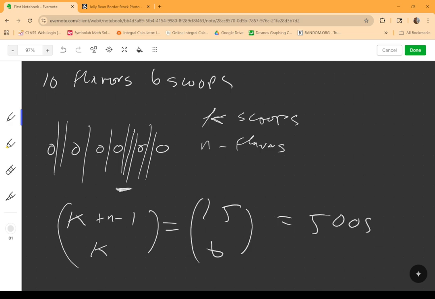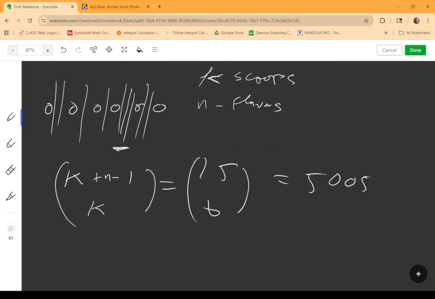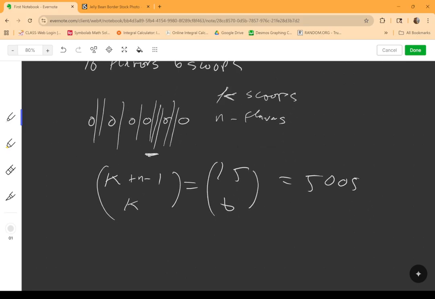So we have 5005 different combinations here. So that's one way to think of these multi-set problems: a multi-set of size K, distributing these K objects, in this case the scoops, into N distinct bins.